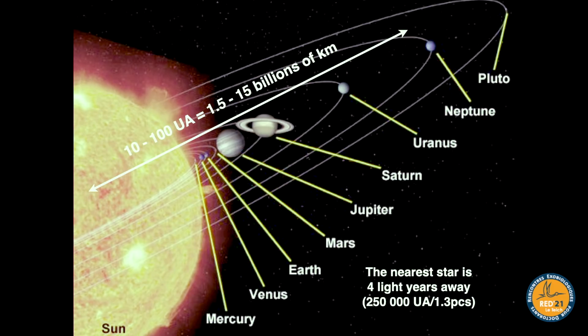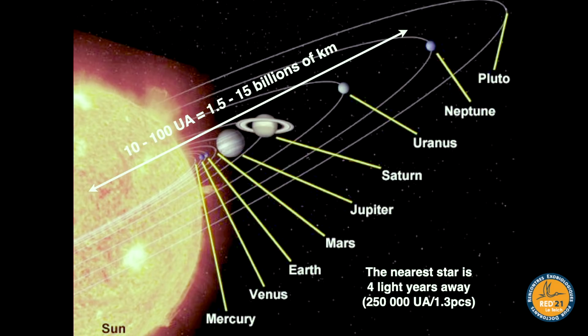And just to have an idea, we know that the distance from the Sun to the Earth is about 1 astronomical unit, and so the size of the solar system is about 10 to 100 astronomical units, depending how you define exactly the solar system. But just to give you an idea, that means 1 to 10 billions of kilometers.